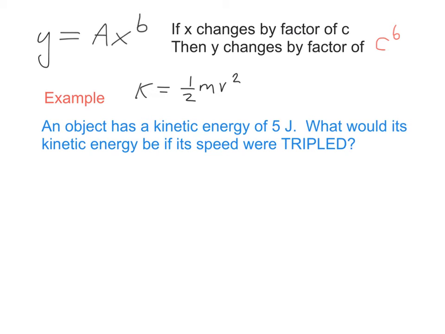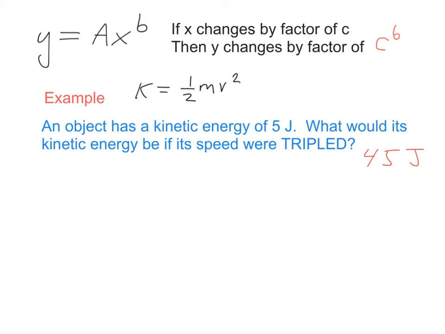So we're changing the speed v by a factor of 3. Therefore, the kinetic energy must be changing by a factor of 3 squared, that is by a factor of 9. So the kinetic energy will be 9 times what it was, and 9 times 5 joules is 45 joules.